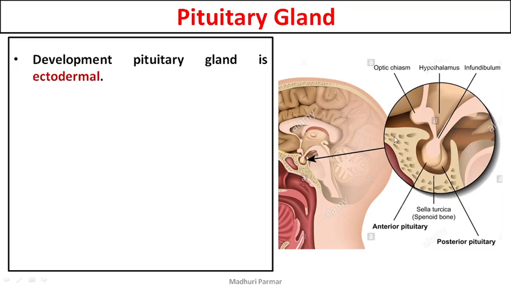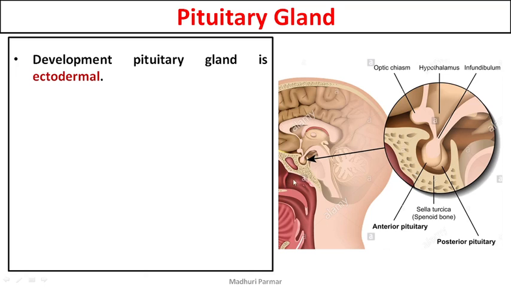Now continuing about this pituitary gland, it is ectodermal in origin. Just like your nervous system, which is also ectodermal, this pituitary gland is also ectodermal in origin. Actually, this is just a fun fact. Your pituitary gland does not generate here. It is not originating from here directly.